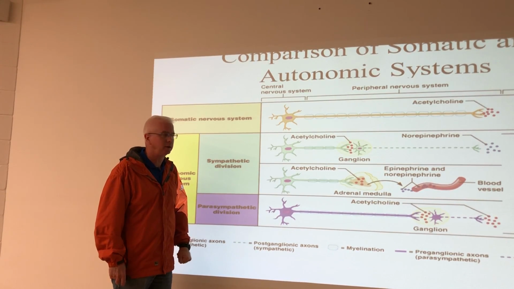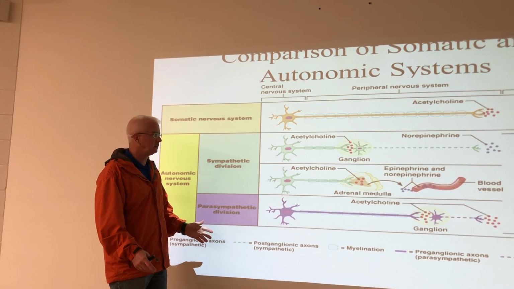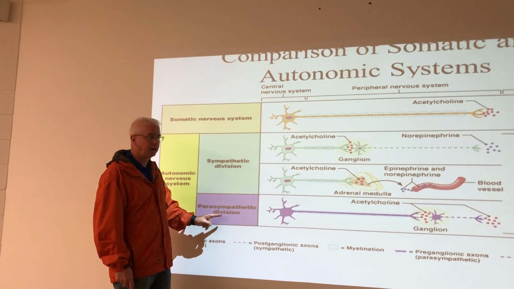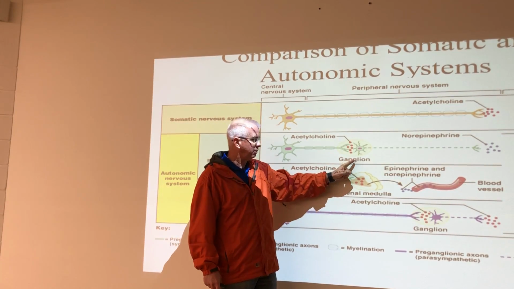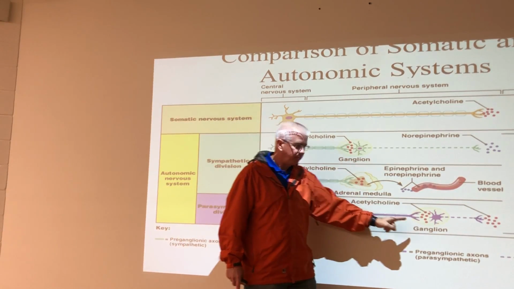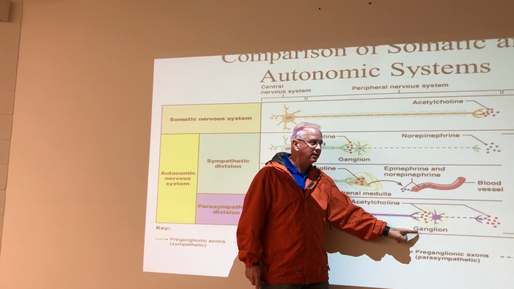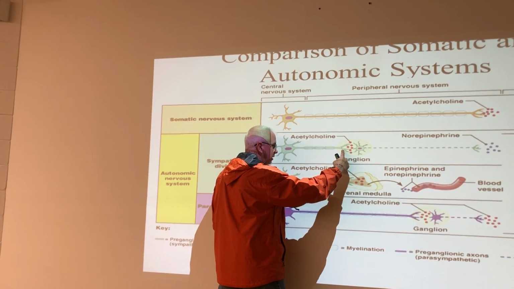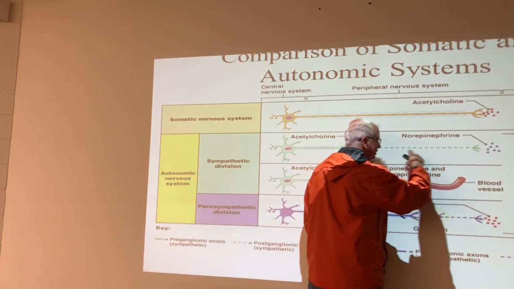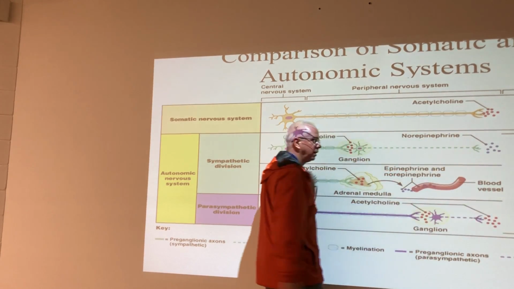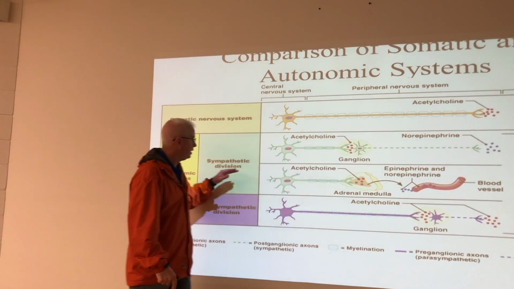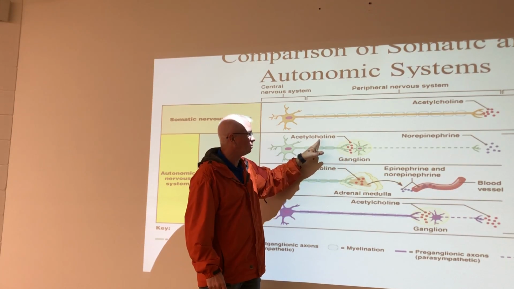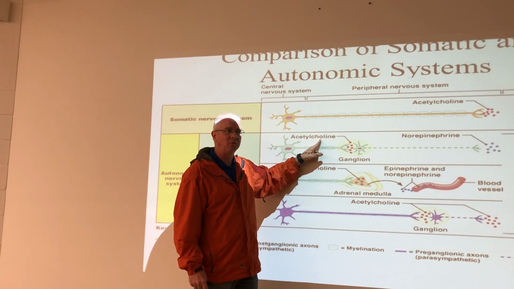And look at the chemistry here. First thing I want you to notice, both for sympathetic and parasympathetic, it will become the language of the ganglion. So this piece will be pre-ganglionic. This piece will be post-ganglionic. So in the sympathetic nervous system, the neurotransmitter released pre-ganglionic is acetylcholine.